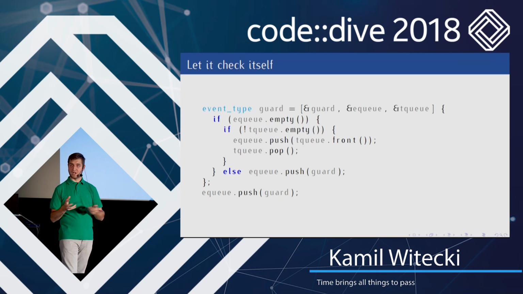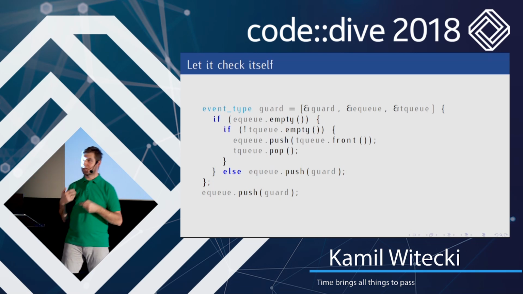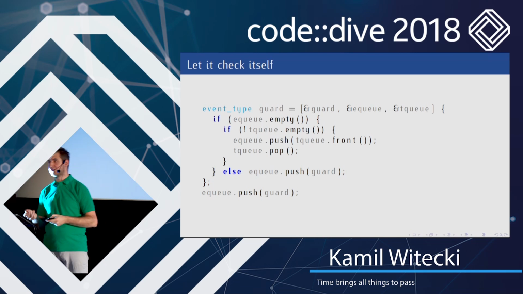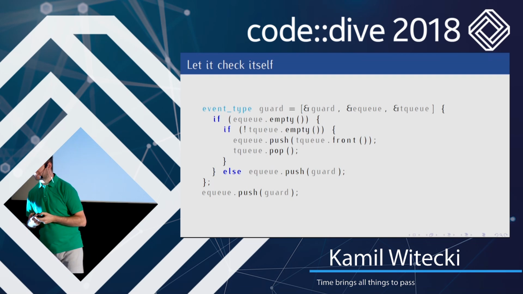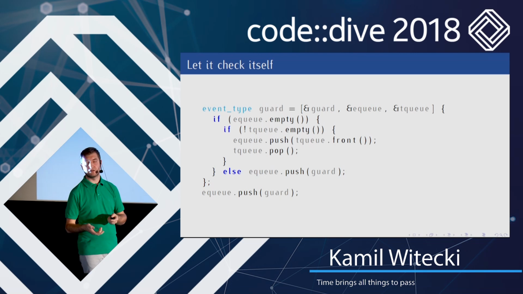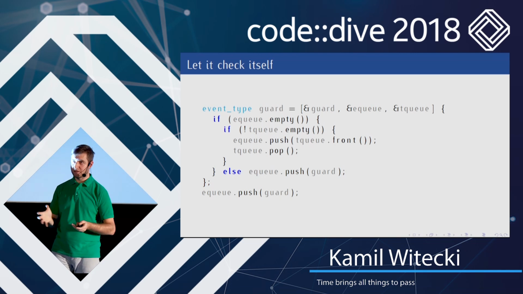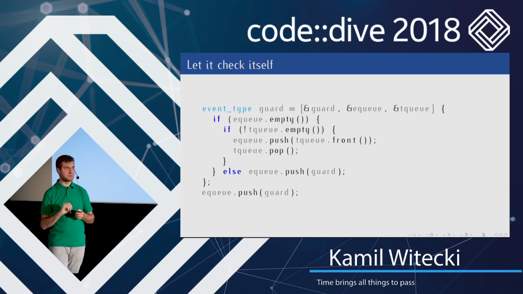This was the simpler part. So here we had this nice empty method, and this empty method told us if the queue is empty. But what to do if we do not have this kind of method? This will be a little bit trickier, but not much. We'll introduce another type of guard event, but this time this guard will be a little bit fancier.